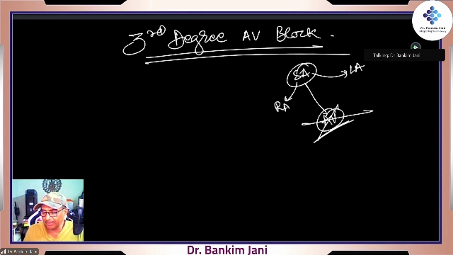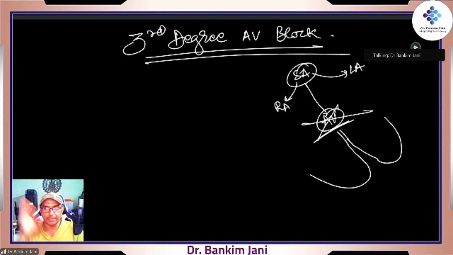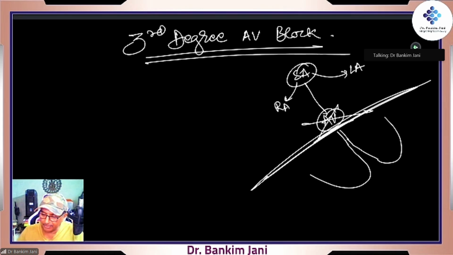But what about the ventricles? Well, AV is not functioning. So then the rest, bundle of His, left bundle, right bundle, those Purkinje fibers, they'll take over. So they'll start beating in their own rhythm. So here, the upper heart is beating with one rhythm and the lower heart is beating with another rhythm.